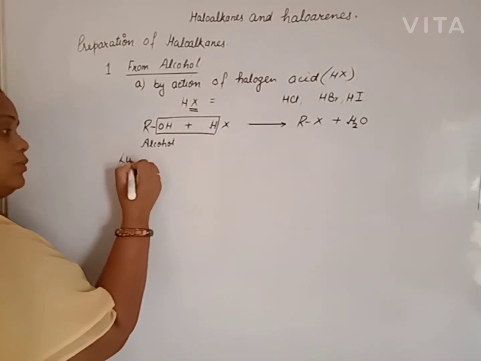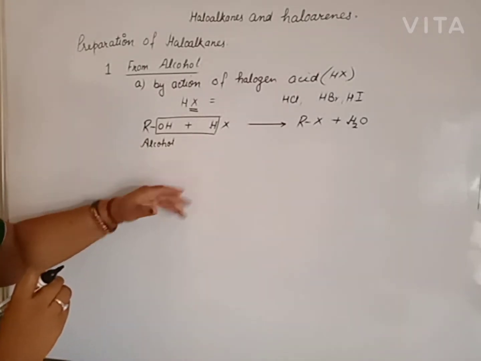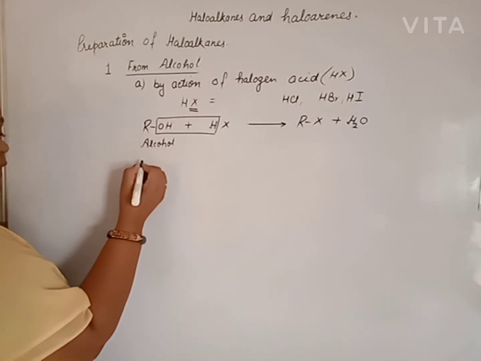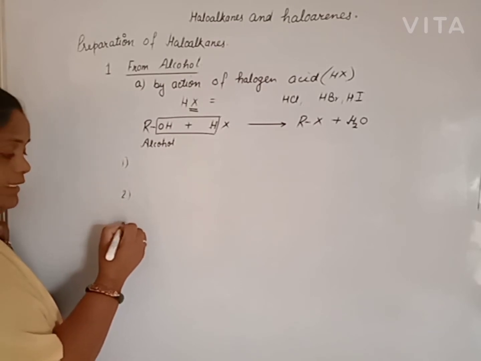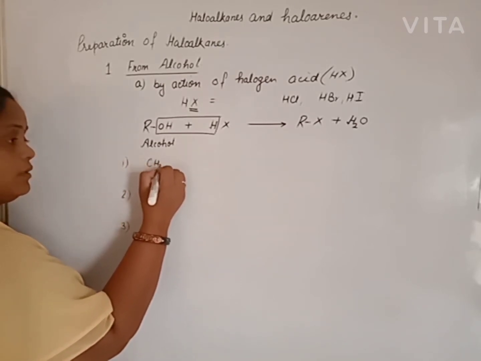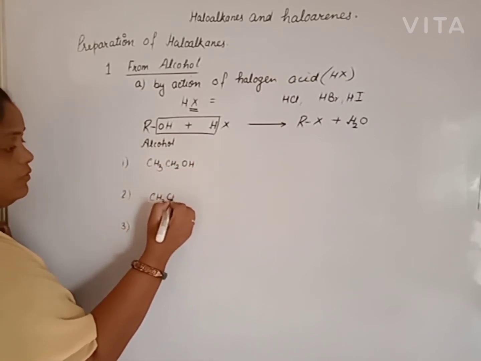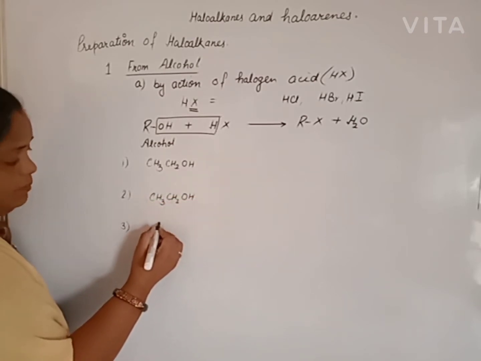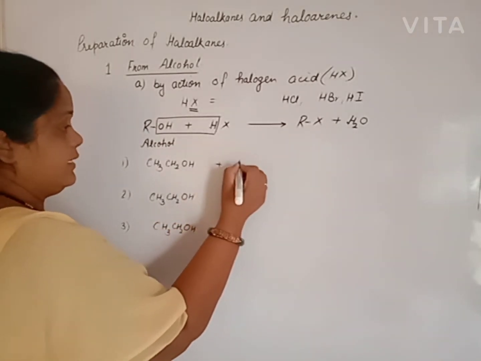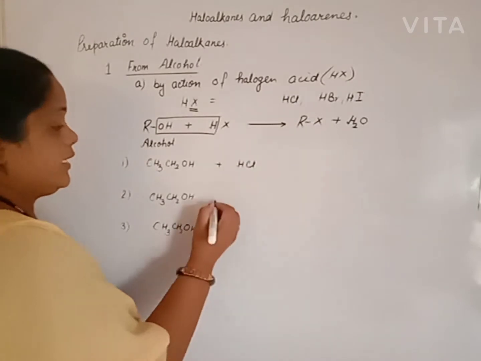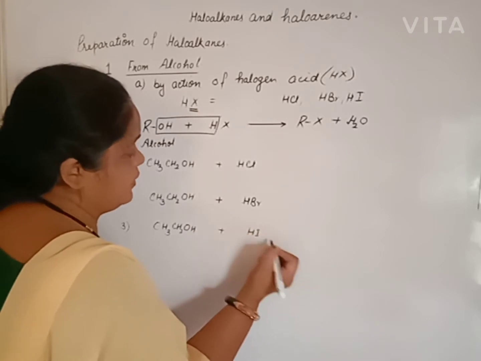We take three test tubes and add an equal amount of ethanol to test tubes A, B and C. In the first test tube add hydrochloric acid, in the second hydrobromic acid, and in the third hydroiodic acid.